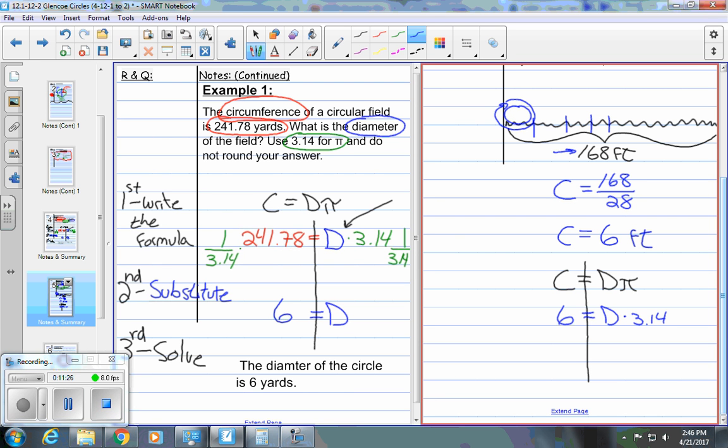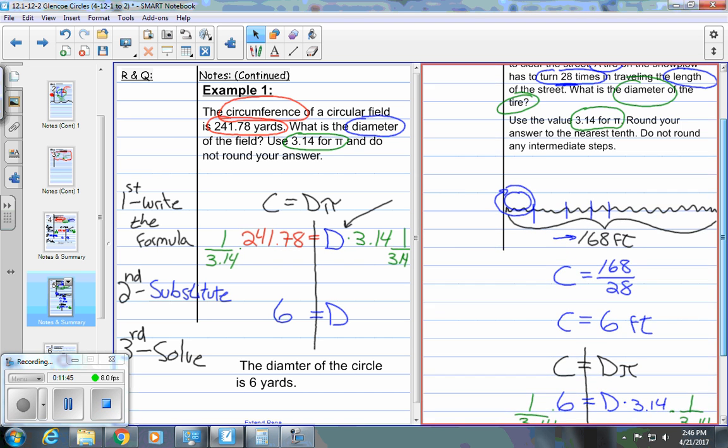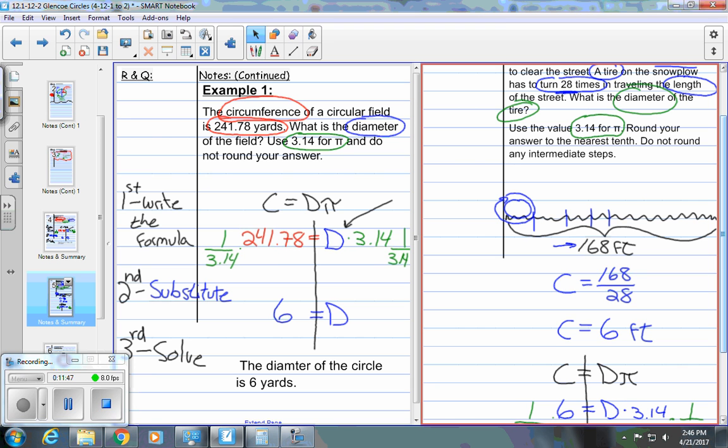Now, how do we get the D by itself? Yeah, you're right. We're going to divide both sides by 3.14, which is the same as using its reciprocal or multiplicative inverse. And I just want to check my directions real fast to make sure. It does mention that we're going to probably round. Yep, it does want us to round to the nearest tenth.